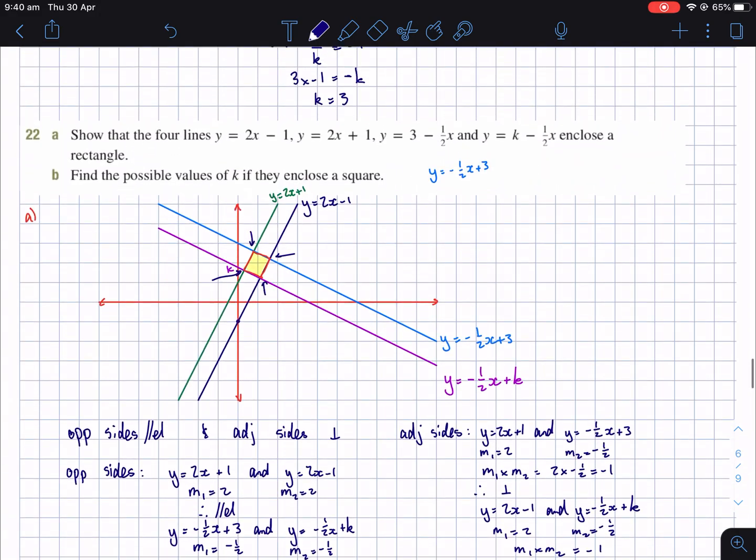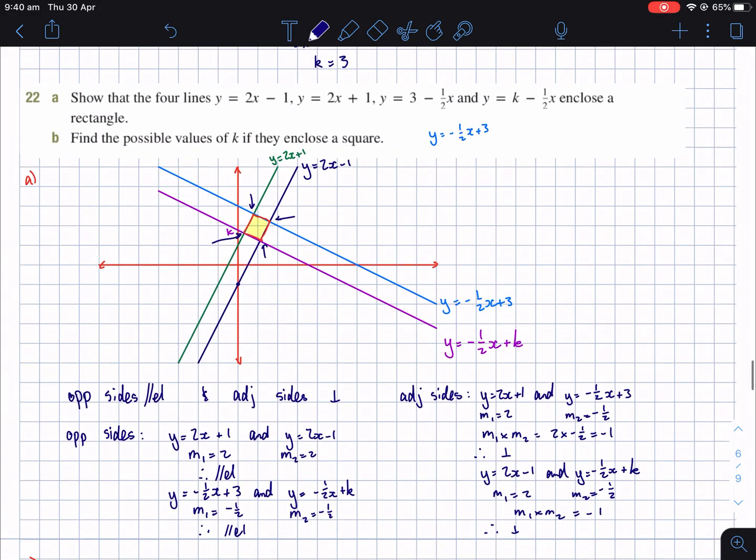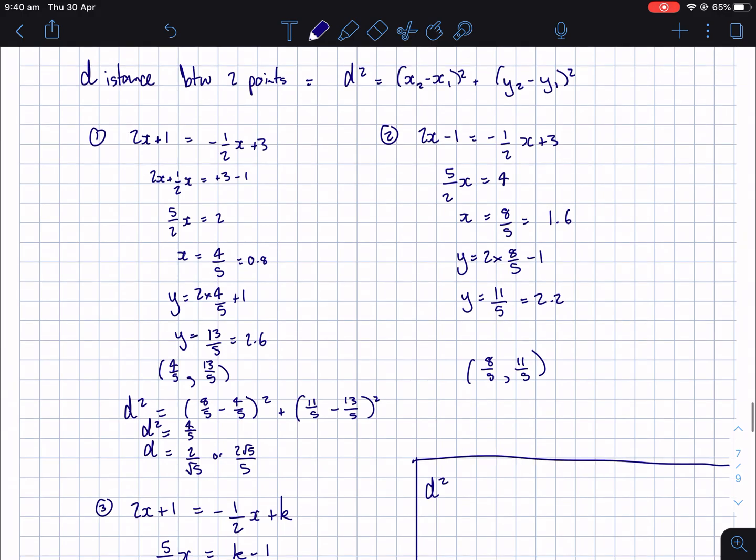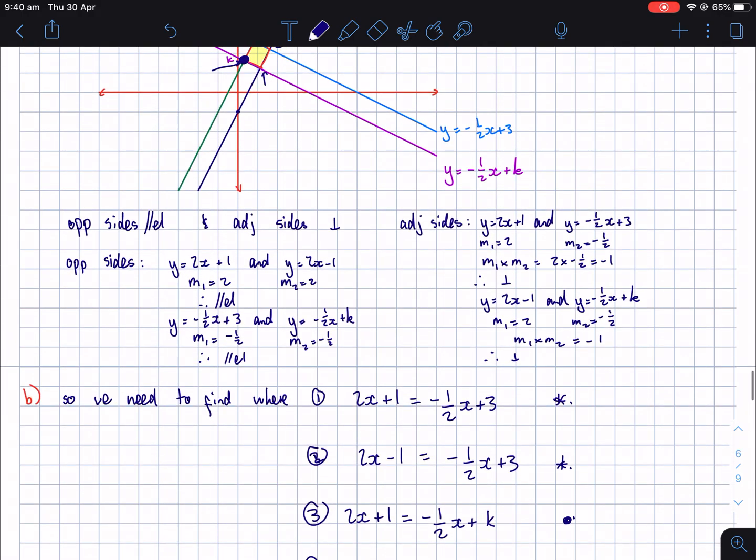This is the point at the moment I'm looking at, so I'm going to see how far it is from this point, which is the point we discovered, 4/5, 13/5.